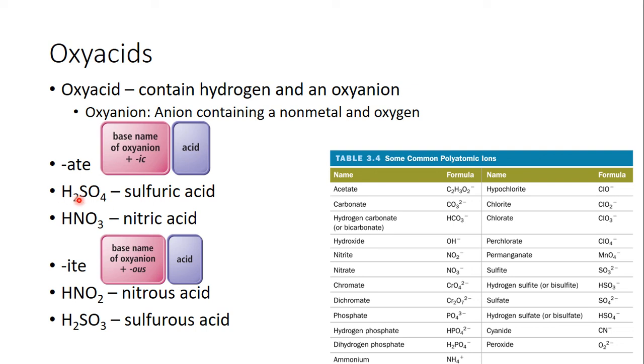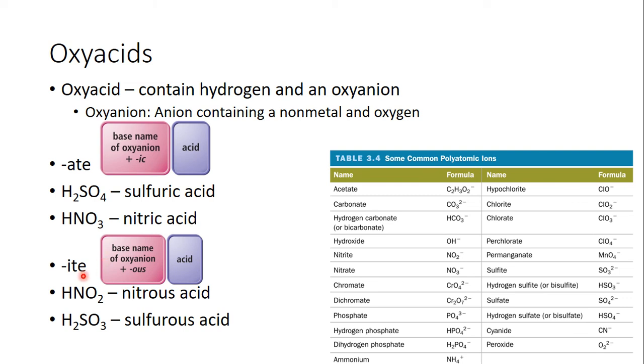You have two hydrogens in front, so you know it's an acid. Your polyatomic ion is SO4, so it's sulfate. Since it's sulfate, it's sulfuric acid. Same thing as nitric acid, where you have NO3 for nitrate, so it becomes nitric acid.